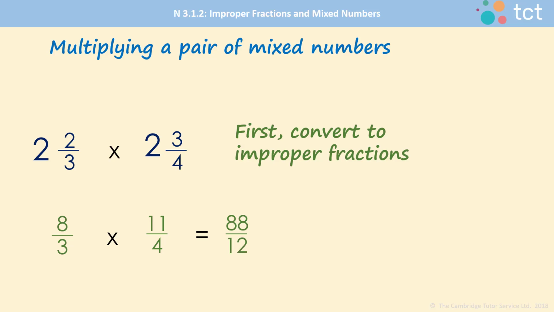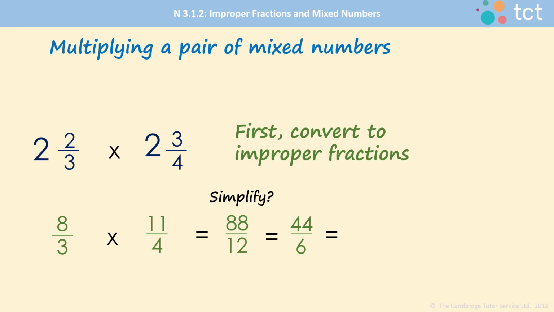With this one, if you can recognise that they're both multiples of 2, you could simplify this before you go on to converting to a mixed number. If I divide 88 by 2, I have 44, and if I divide 12 by 2, I have 6. So that's 44 over 6, and you may see that you can carry on with that.